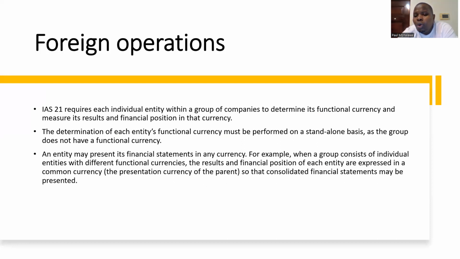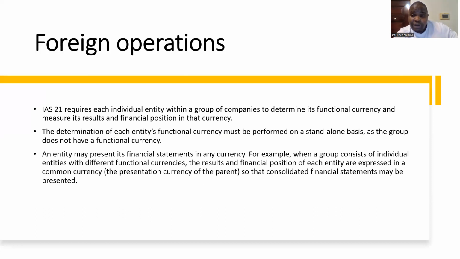For example, when a group consists of individual entities with different functional currencies, the results and financial position of each entity are expressed in a common currency called the presentation currency of the parent company. So what you're saying is that in consolidating the financial statements, the currency that is used is the presentation currency.